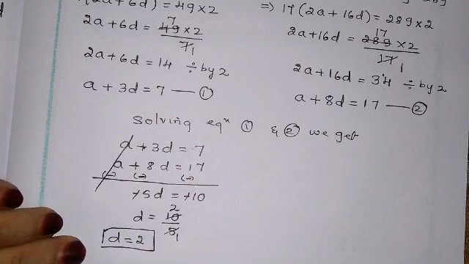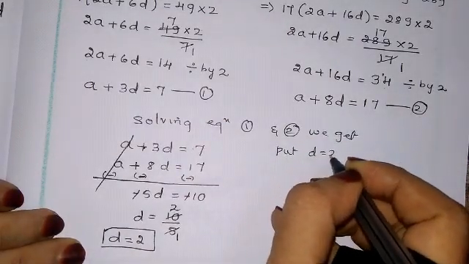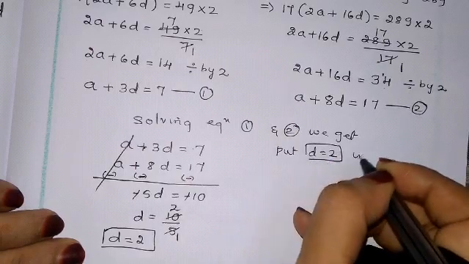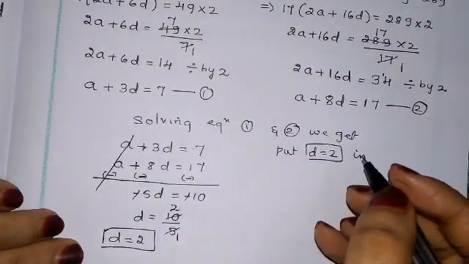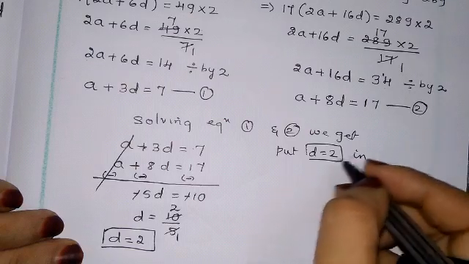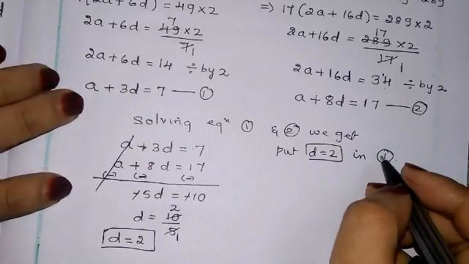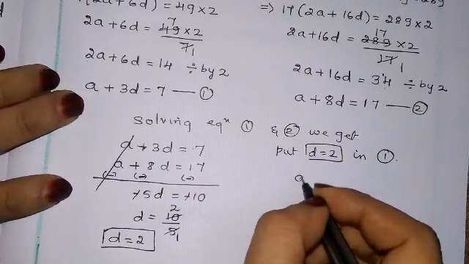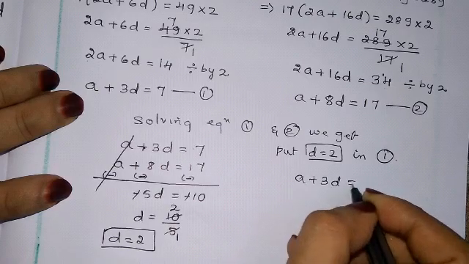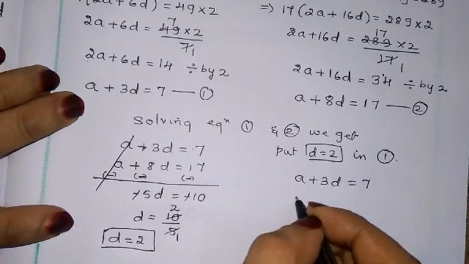What we have to do now? Substitute d is equal to 2 in any equation. We will take equation 1 because it is simple compared to equation 2. Put d is equal to 2 in equation 1. a plus 3d is equal to 7. We don't know the value of a.